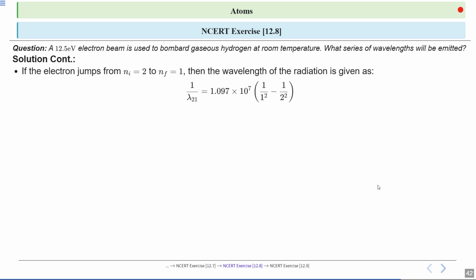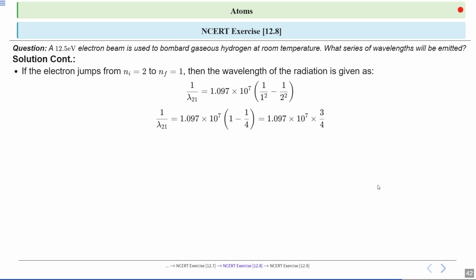Here is the Rydberg formula for hydrogen: 1 divided by lambda 21 for the transition from n equal to 2 to n equal to 1 equals 1.097 multiplied by 10 to the power 7 multiplied by 1 over 1 squared minus 1 over 2 squared. Lambda 21 is the wavelength for the transition from level 2 to level 1. The constant 1.097 times 10 to the power 7 per meter is called the Rydberg's constant, and it's specific to hydrogen.